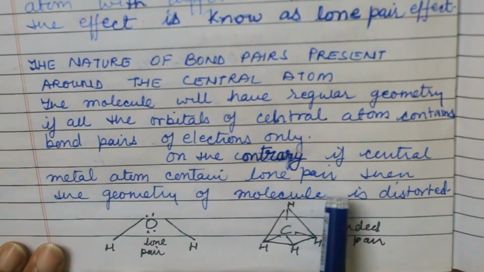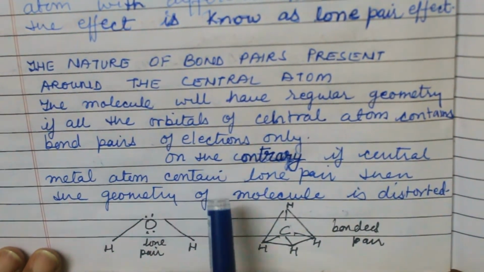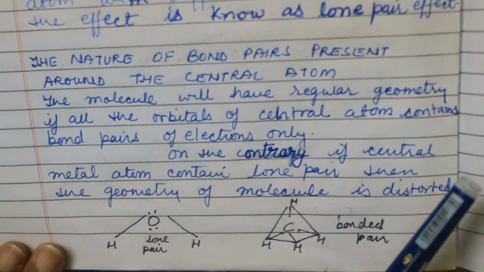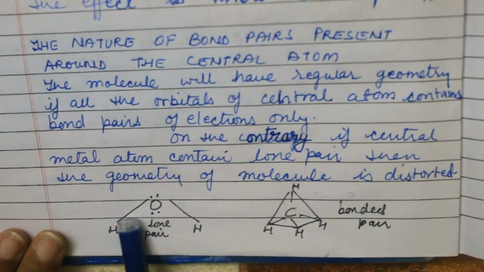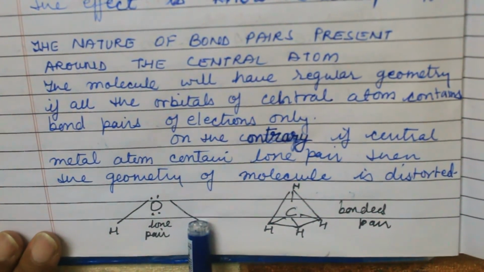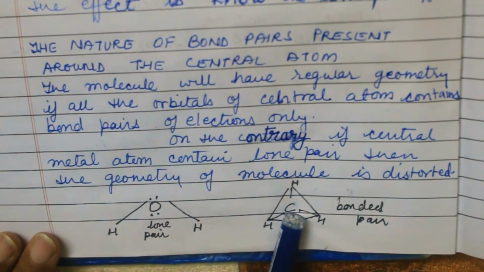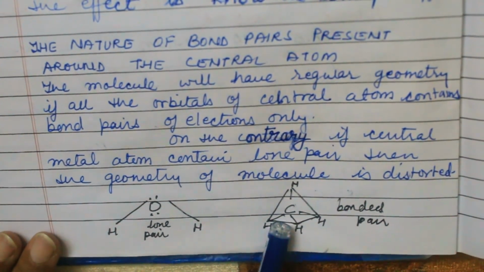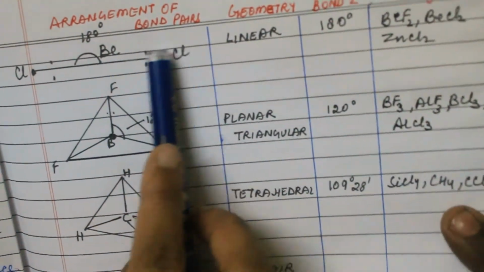On the contrary, if the central atom has lone pairs, then the geometry of the molecule gets distorted. Just like this, in the water molecule, two lone pairs are there, so the angle gets distorted. Carbon has no lone pair, so it has bonded pairs and regular geometry as compared to water.